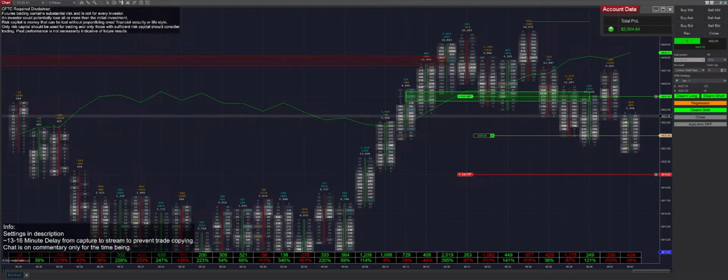And you can see that we got filled, and we got pushed into another trade almost directly after we got filled off that trade.